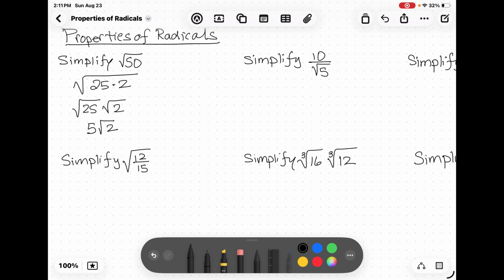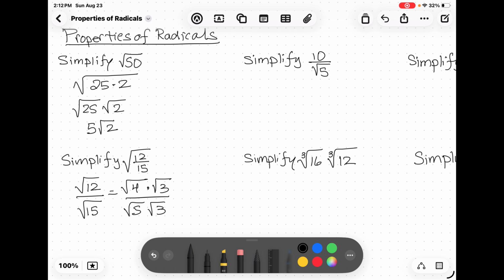Okay, here I've got the square root of 12 over the square root of 15. All right, something interesting is going to happen here. This is a property of radicals. I can do that, right? And this is a property of radicals.